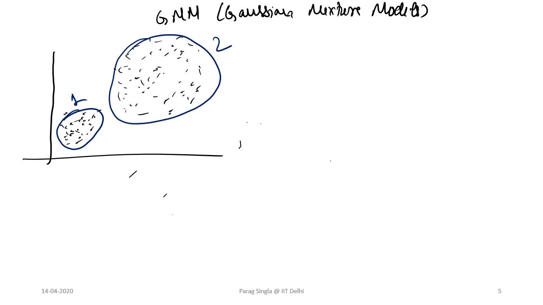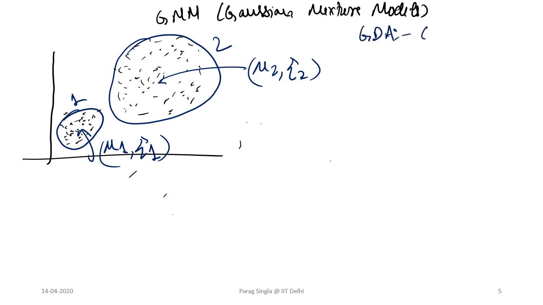In other words, when we have, let's say, two clusters, each cluster is described by some mean mu1 and corresponding covariance matrix sigma 1, and similarly cluster 2 is described by mu2 and sigma 2, where mu2 is the mean of this cluster and sigma 2 is the covariance of this cluster. And this hopefully reminds you of something that we have studied earlier, which is GDA, or Gaussian discriminant analysis.